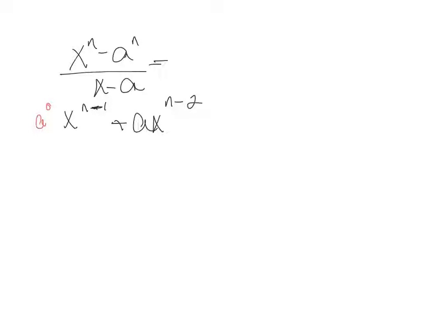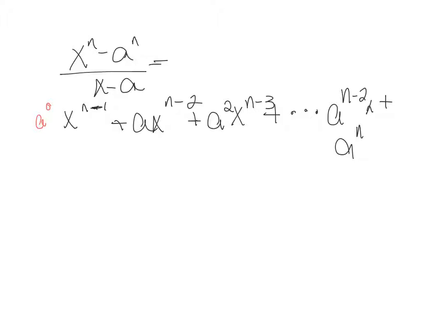A times x to the n minus 2 plus a squared x to the n minus 3 plus any amount of terms you want, a to the n minus 2 x plus a to the n minus 1 x to the 0.